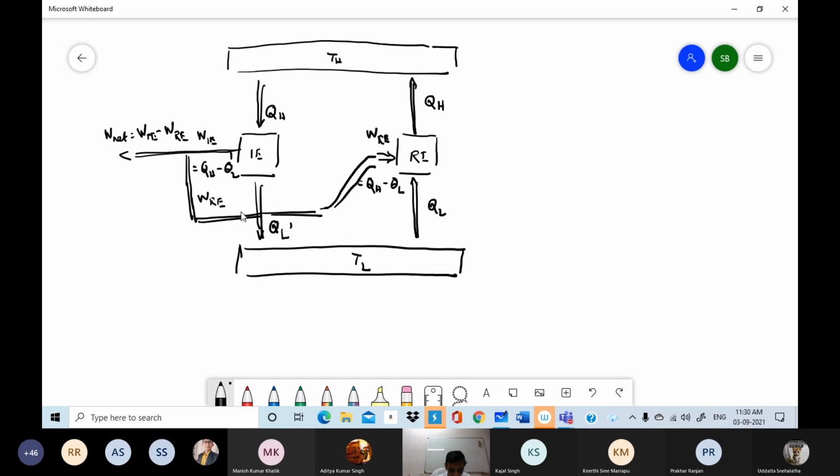Okay, so maybe now let us enclose this portion by a dotted line.